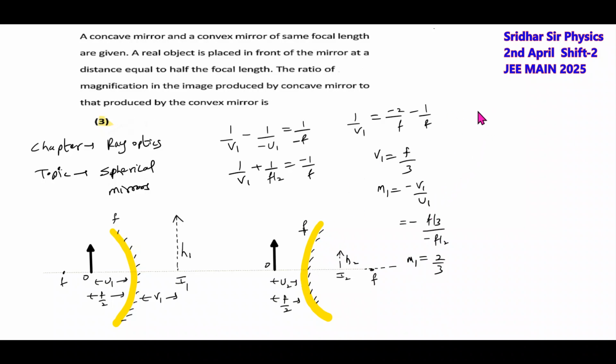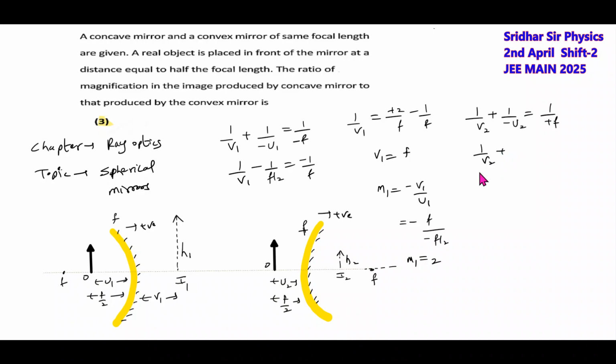Next, the mirror formula for the convex mirror, 1 by v2 plus 1 by u2 equals plus 1 by f, because this will be the direction of the incident ray.